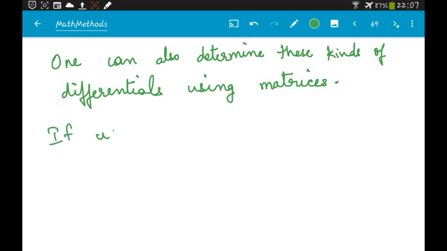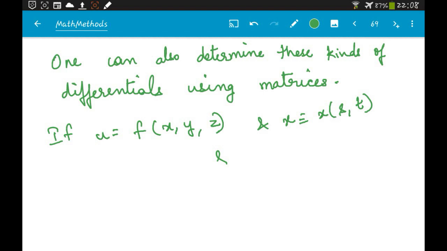So if u is a function of x, y and z, and x is a function of s and t, and y is a function of s and t, and z is also a function of s and t.